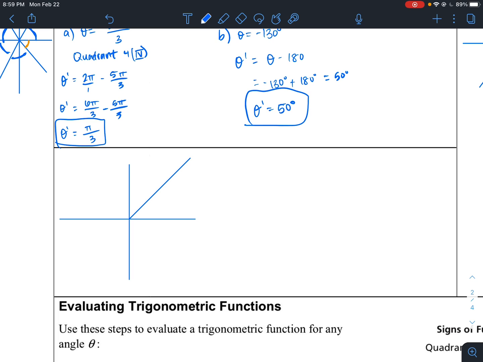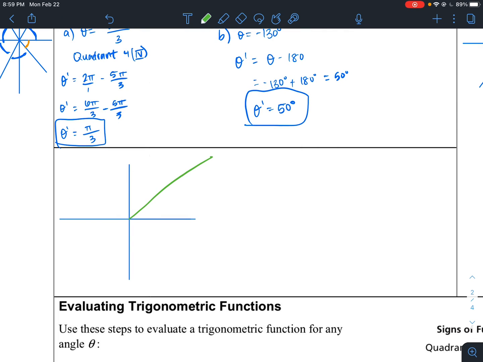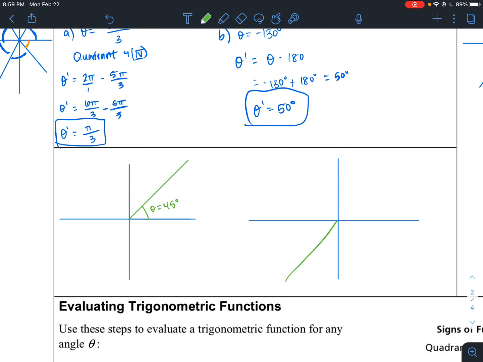So here's an angle, and this is 45 degrees. So let's say theta here is equal to 45 degrees. Now let's say I have another angle over here, and let's say that this is 225 degrees.